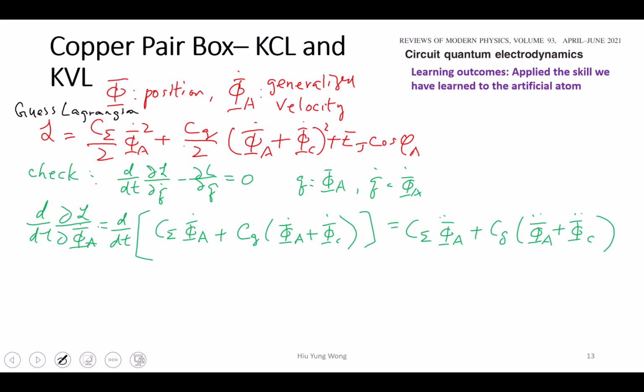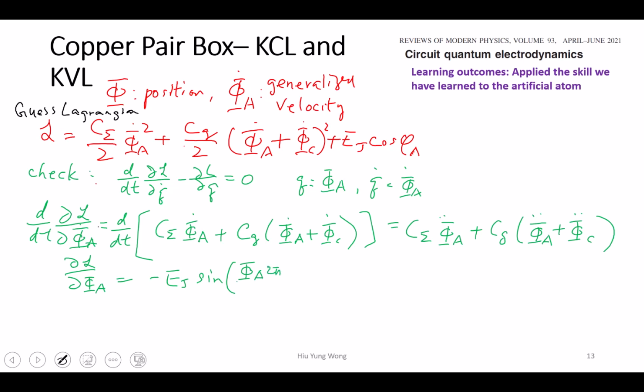Okay, now how about the partial L over partial phi A? The first and second terms do not depend on phi A, because the first and second terms are the generalized velocity, right? Only the last term depends on phi A. And the last term is what? Cosine, right? So it is EJ sine of phi A times 2 pi divided by phi naught. This time I want to spell it out.